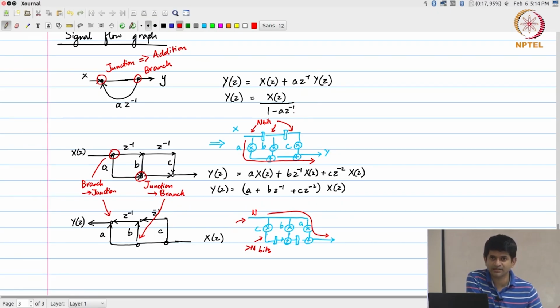So in the first architecture, which by the way is called the direct form 1 architecture, I never have to worry about large fan out. The signal is always going through a register, and the output of the register is then going to a multiplier and also being branched out somewhere else. But direct form 2 on the other hand, which is the transposed architecture, which has basically been obtained by taking the signal flow graph and transposing or inverting it, as we discussed, has a problem with so called broadcast.